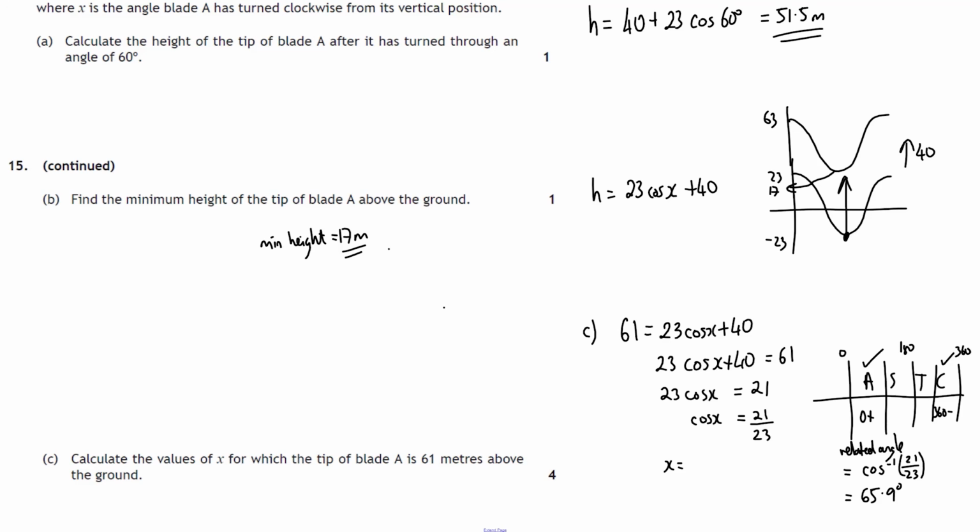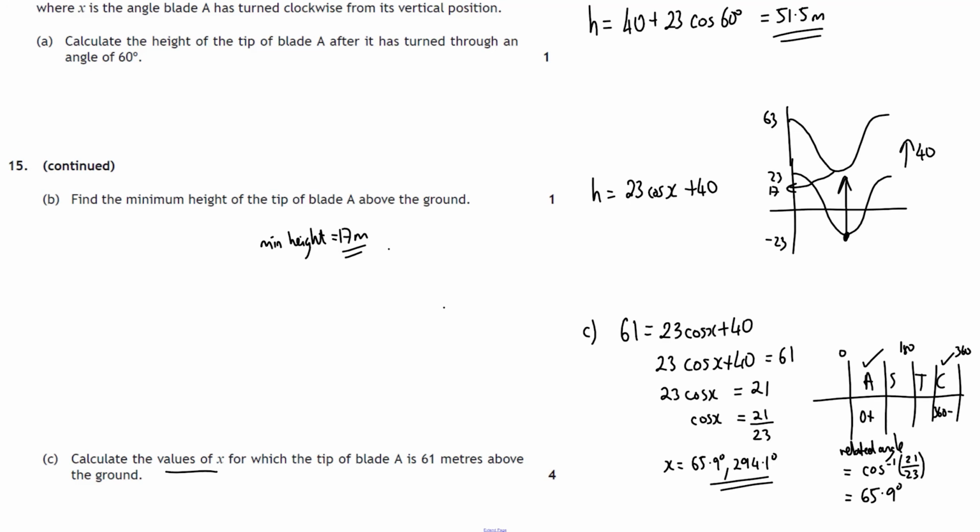So we do 0 plus 65.9, which is 65.9 degrees, and we do 360 minus 65.9, which gives us 294.1 degrees. So that's our two solutions, and it was asking for the values of x at which the tip of the blade is 61 meters above the ground. So that would be the two values of x between 0 and 360.